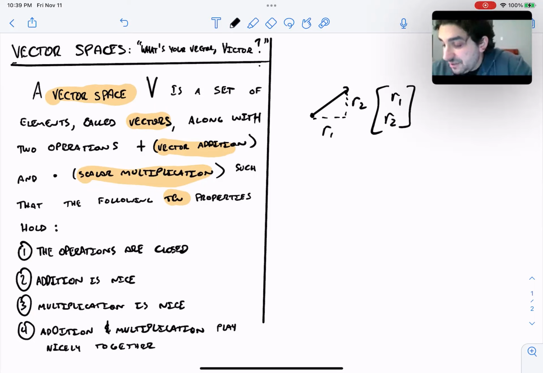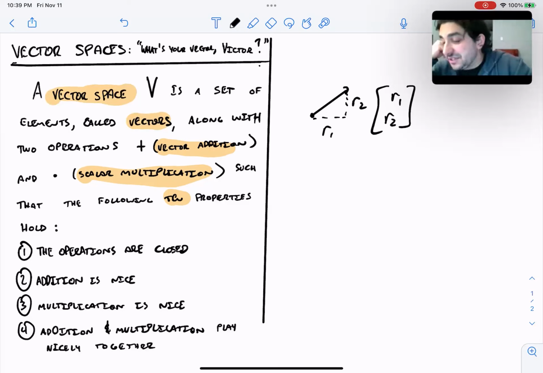What we're doing here is generalizing this notion of a vector. And what we're doing with these 10 properties is asking what are the key behaviors, the key identities that govern vectors, whether you're thinking of them as force vectors or as lists of numbers?